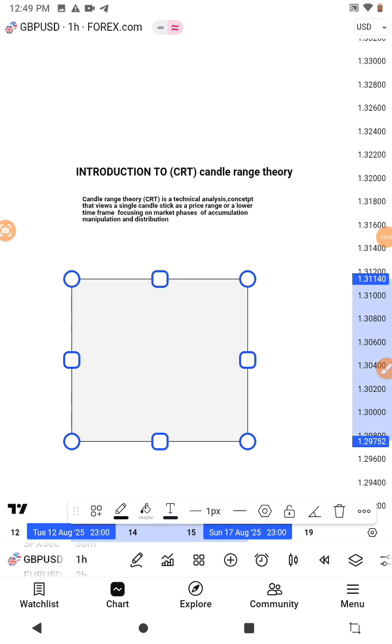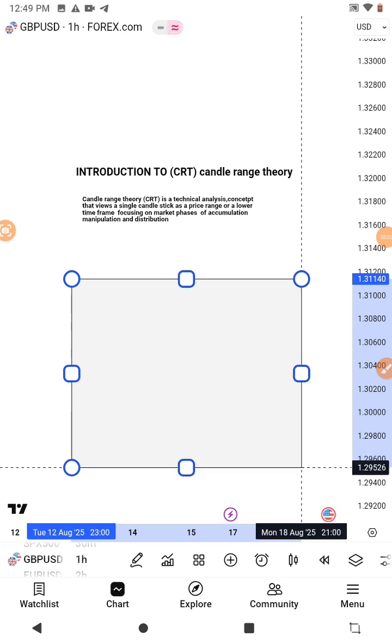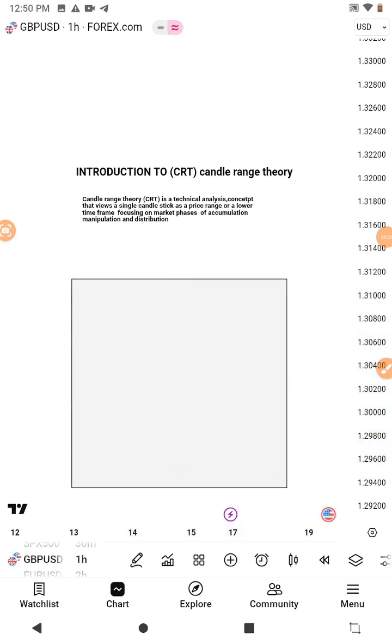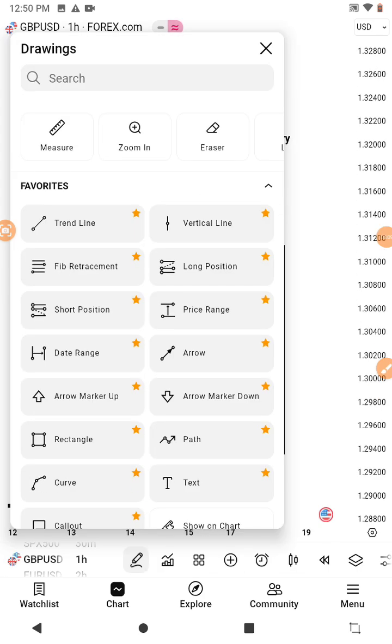This is a box, and we also call it a single candle. I'm using the daily candle, let's say, for instance. We only study three phases of price movement, which are the accumulation, the manipulation, and also the distribution.